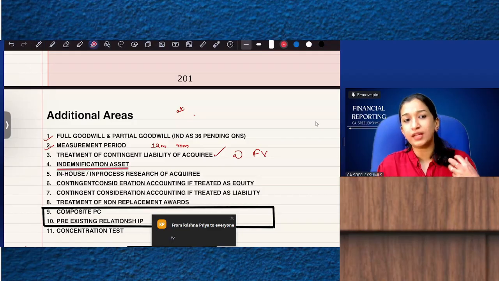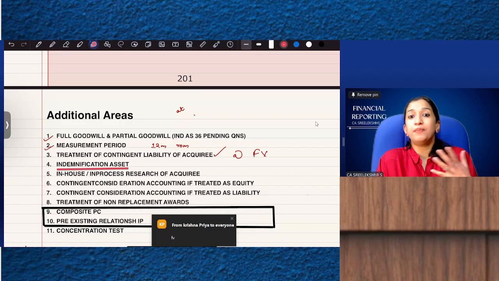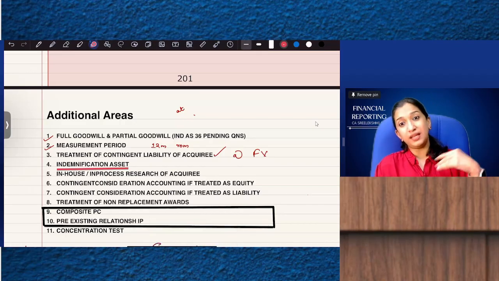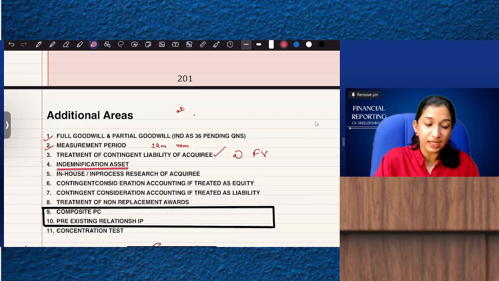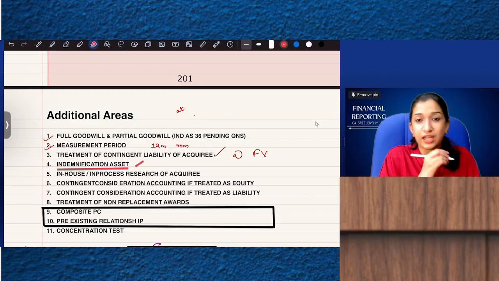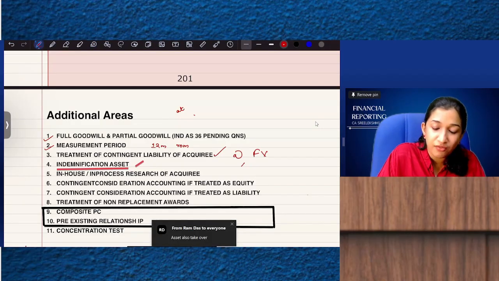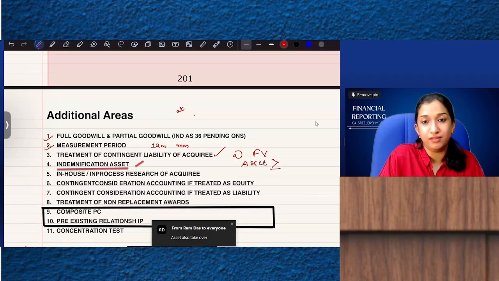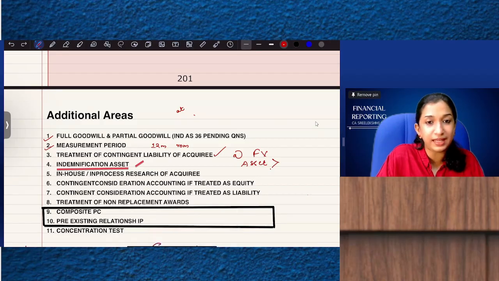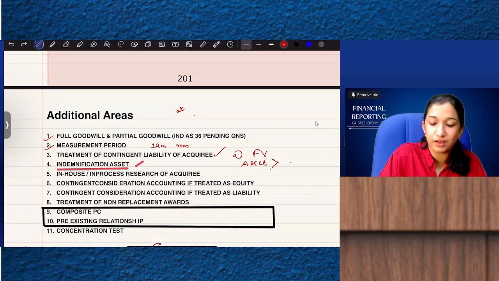When you're taking over the contingent liability, if there is an indemnification asset given by the acquiree's shareholders, the indemnification asset is also taken over, provided the asset value should not exceed the value of the contingent liability.